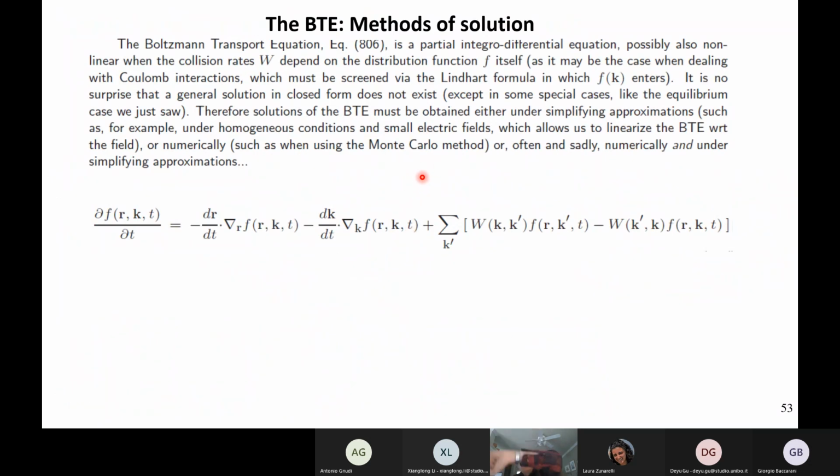Okay, so let's move on now to the final part of this Boltzmann equation discussion before going into some specific examples, and that is, how do we solve it? So this is our glorious Boltzmann equation. This is our collisional integral in the master equation form.